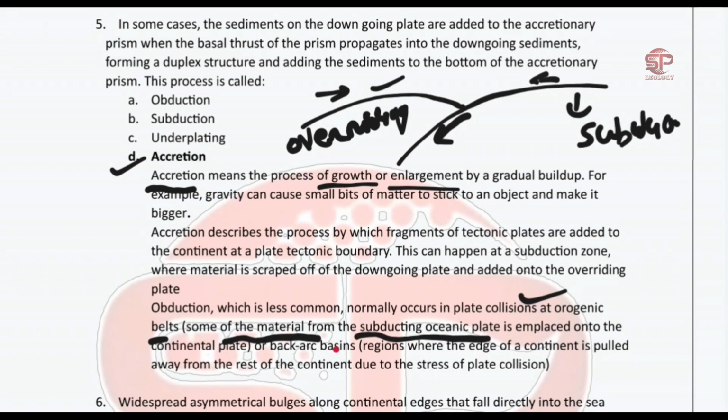So it can be emplaced onto the backarc basin. This part can be a backarc basin where there might be extension or compression. Because of this movement, some material from the oceanic crust will be emplaced over the continental plate.